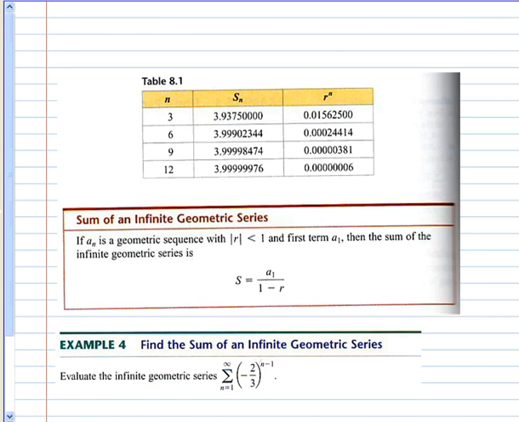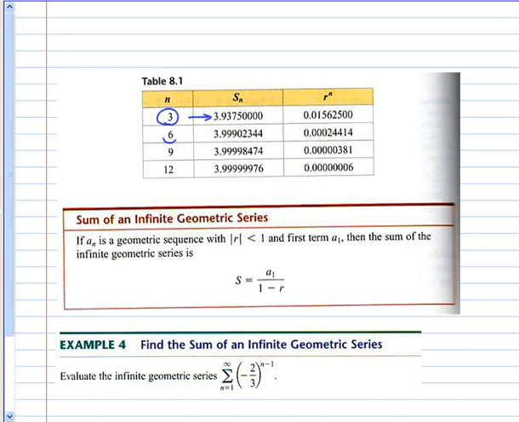Let's look at a continuation of a series that I keep going more and more on. If we took that last one that we just did, and if I took 3 terms, notice the sum is 3.9375 and a bunch of zeros.